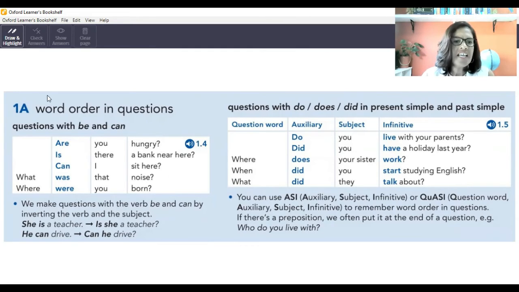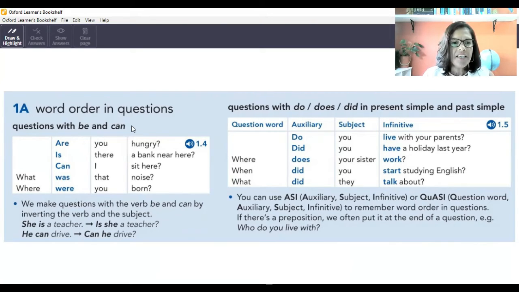So look at here. Word ordering questions. Questions with be and can. Can is a modal verb to talk about capability. Yes, I can. I can sing, I can dance, I can play volleyball. Your capabilities. Things you know how to do.